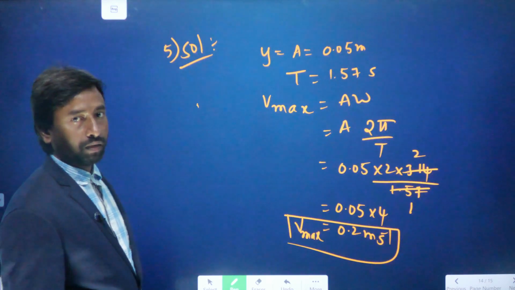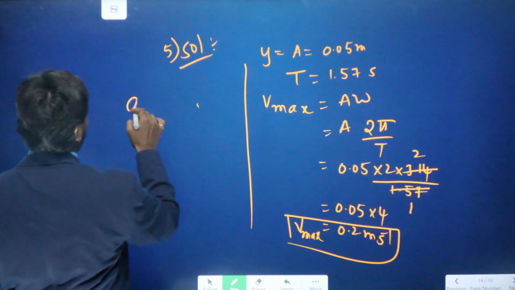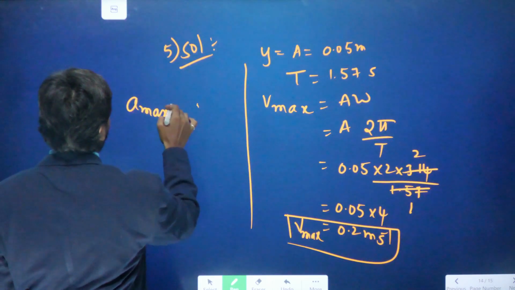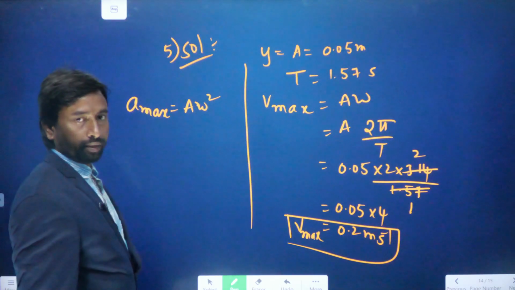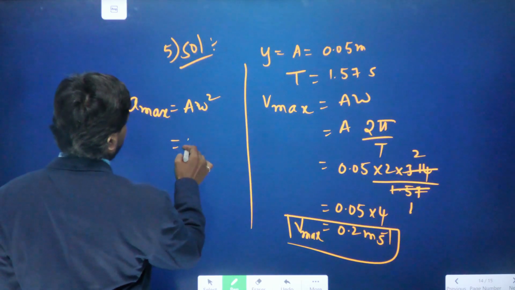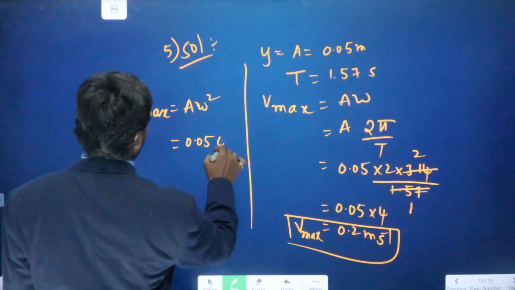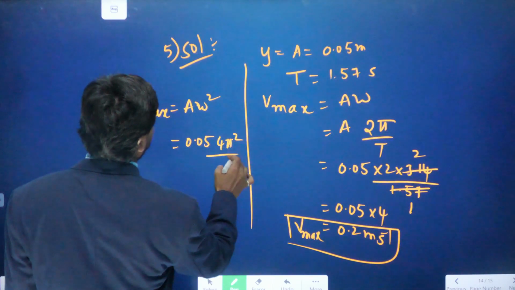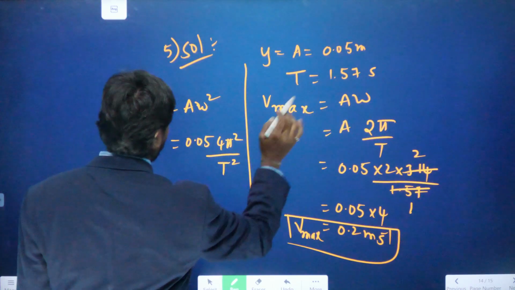In the same manner, we can find the maximum acceleration. What is the maximum acceleration formula? A maximum is equal to A omega square. The A value is given as 0.05. Omega square is 4 pi square divided by T square, because it is the omega value whole square.